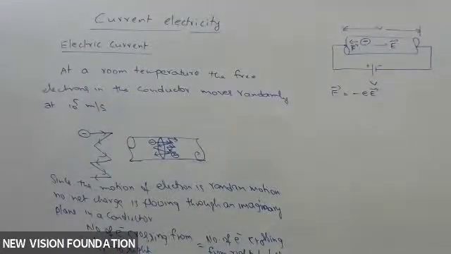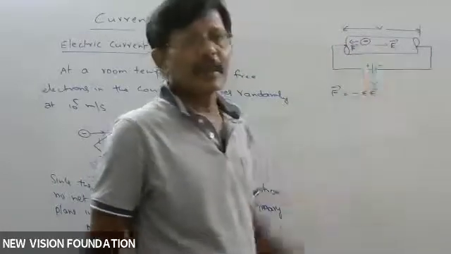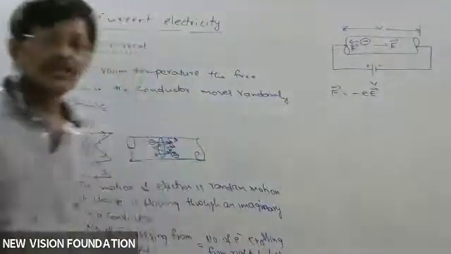So every free electron within the conductor is subjected to a force minus e E vector, and moves overall in the direction of increasing potential. In the direction of increasing potential means opposite to the electric field.